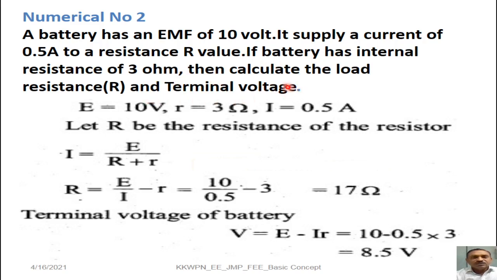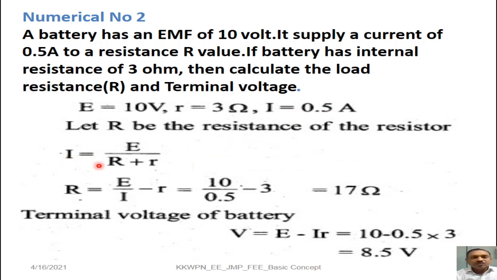So in this case we have to estimate the load resistance and terminal voltage. Let us first write the given things: EMF is given as 10 volt, the internal resistance small r is given as 3 ohm, current supplied by the battery is given as 0.5 ampere. We may call R the resistance of that resistor, which we normally call the load resistance.